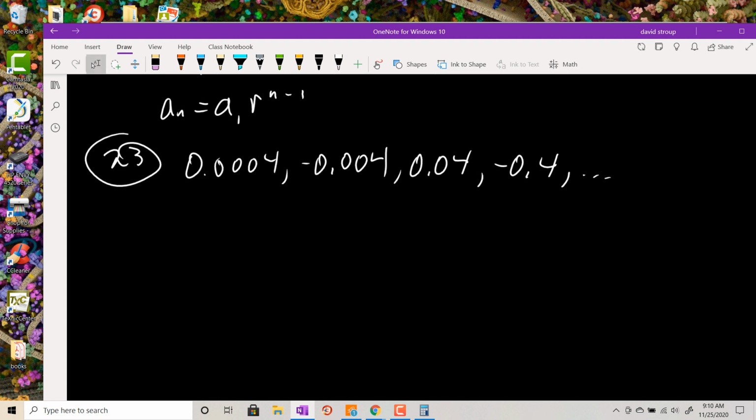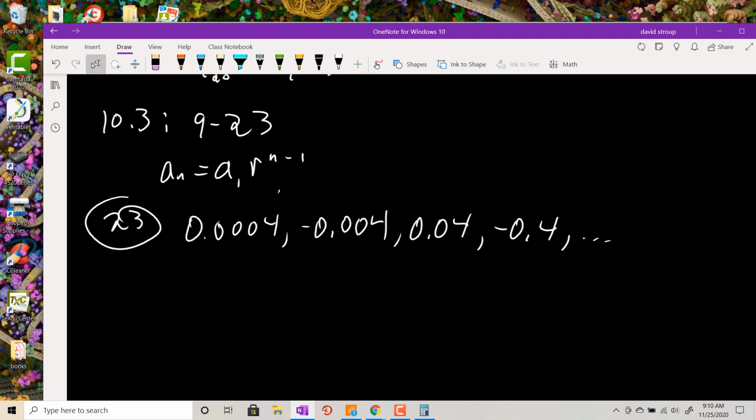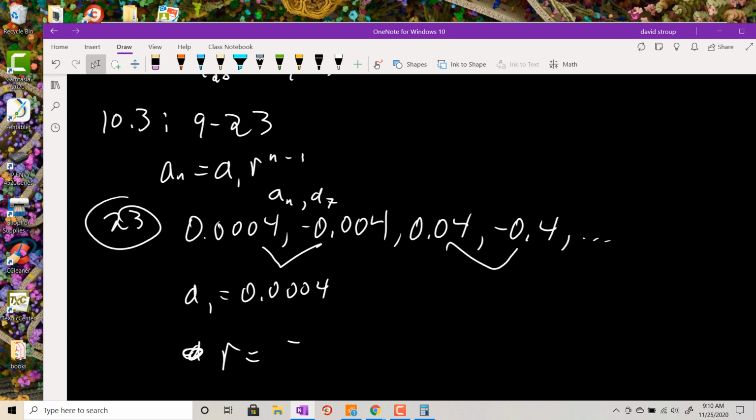Okay, they want a sub n and they want a sub 7. Find a sub n, find a sub 7. So we need a sub 1. That's clearly 0.0004. And then we need r. r is the ratio of two consecutive values. Let's use these two values, that'd be easier on our brains. -0.4 and 0.04.